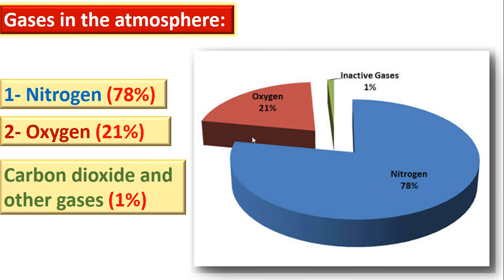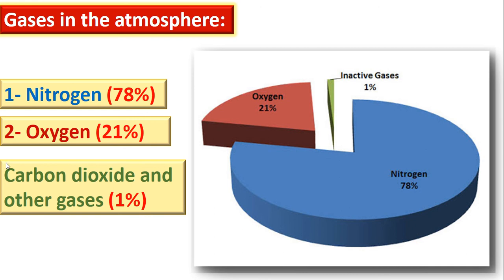Okay, what about the oxygen? The oxygen represents 21% of the atmosphere. So the nitrogen 78, the oxygen 21.